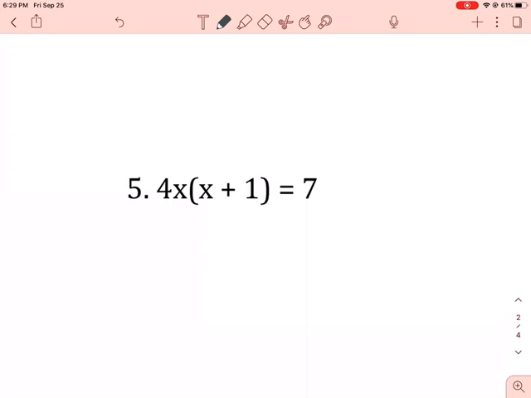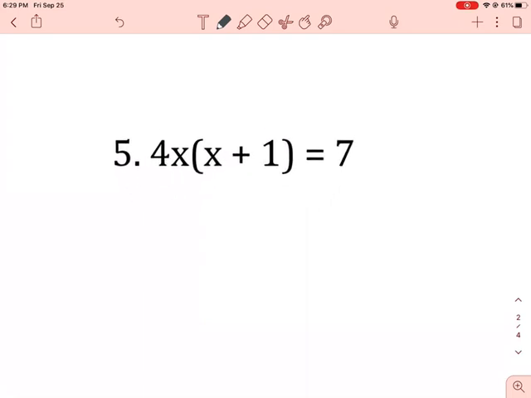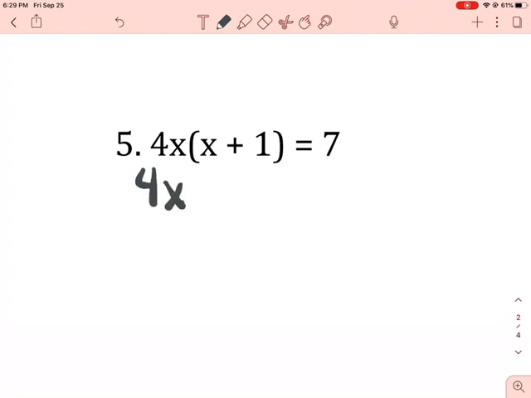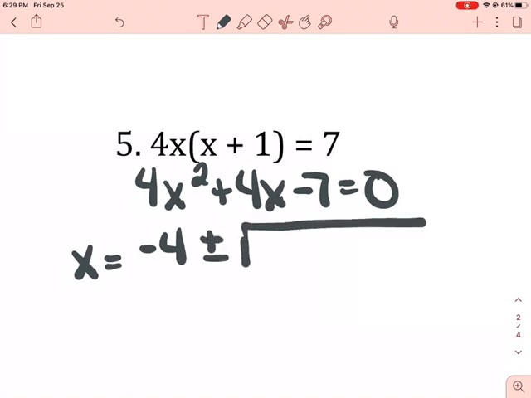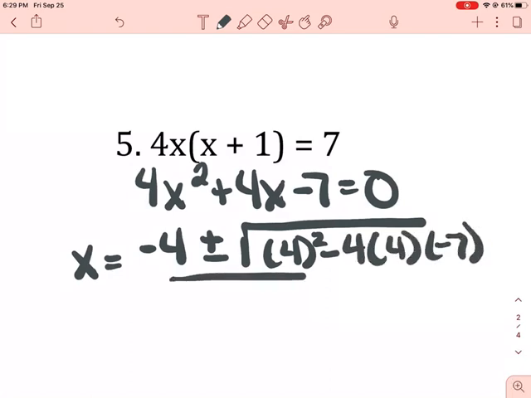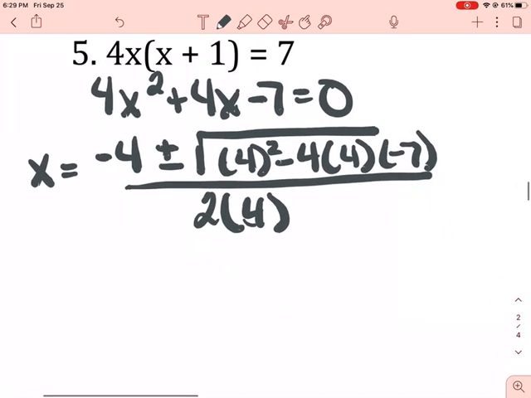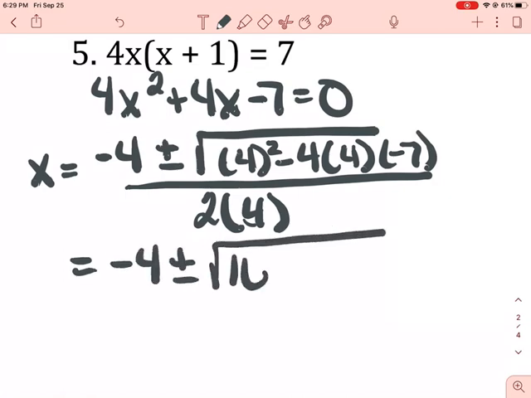Again, not in the form, so we're going to have to do a little math here to get it there. We're going to have to clean this up. We're going to distribute the 4, and I'm going to subtract the 7. Now it's in the form. Negative b plus or minus the square root of 4 squared minus 4, a is 4, c is -7, all over 2 times 4. Equals -4 plus or minus the square root.